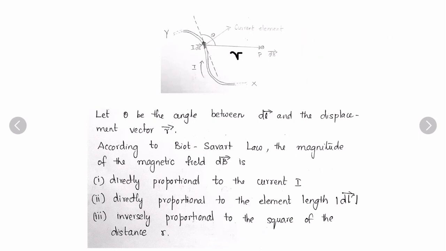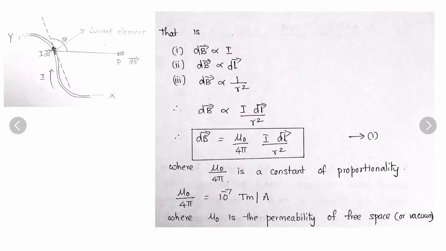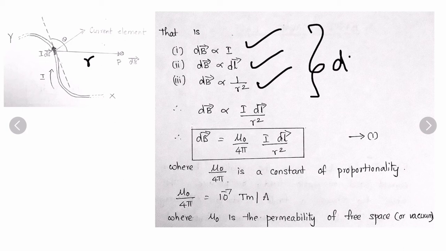Here you can see, dB is directly proportional to I. dB is directly proportional to dl. dB is inversely proportional to r square. Combining them together, we can write dB is proportional to I dl by r square.